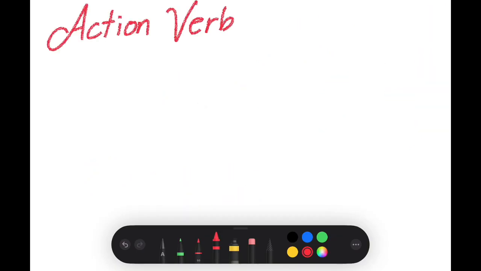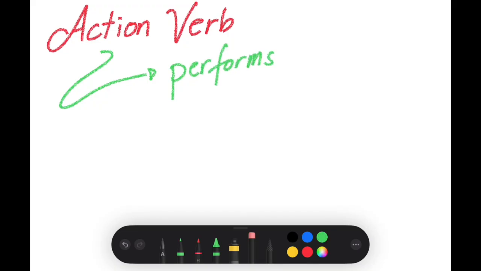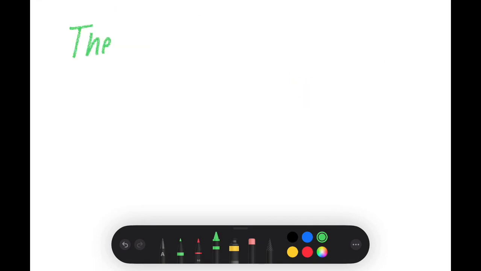The first type of verb is the action verb. When we say an action verb, of course, from the word action, it performs or shows action. That's why it's called action verb. So for example, the dog barks.